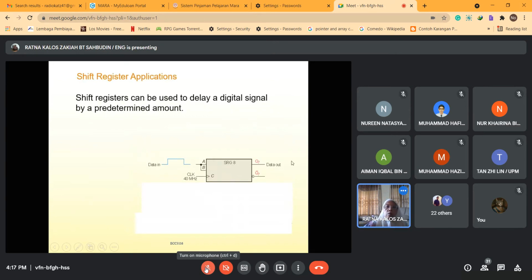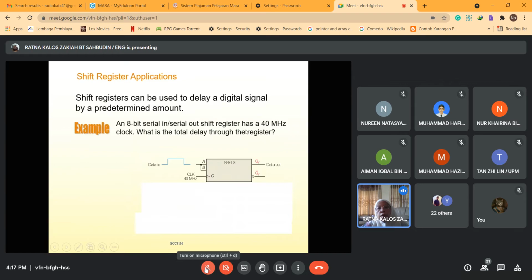Now, shift register application can be used to delay a digital signal by a predetermined amount. Example here: an 8-bit serial-in serial-out shift register has a 40 megahertz clock.